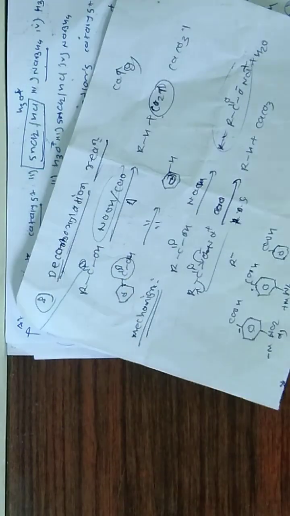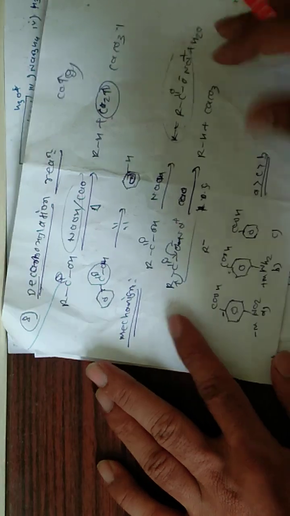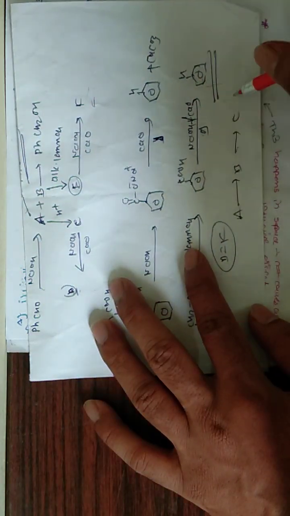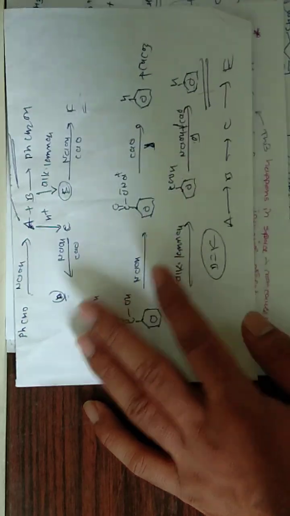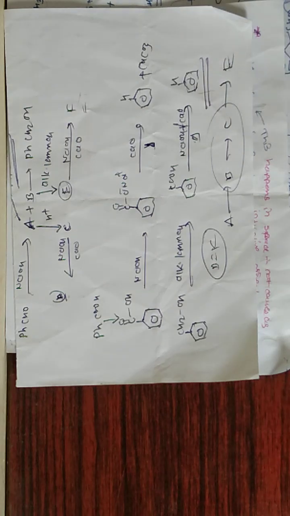In previous years, no question was asked directly on the decarboxylation reaction, but in JEE Mains, some sub-question, let's suppose a lengthy reaction is given, A gives B gives C gives D gives F. If this type of reaction is asked, then some one step will be based on the decarboxylation reaction.